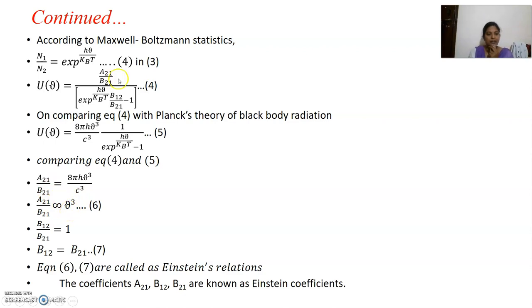Here in this equation we have taken B12 by B21 equal to 1 because the upward transition will be equal to the downward transition. By substituting this value, this is the final expression: A21 by B21 is equal to 8 pi h nu cube by c cube, where A21, B12 and B21 are known as Einstein coefficients. So this is the derivation of Einstein coefficients.